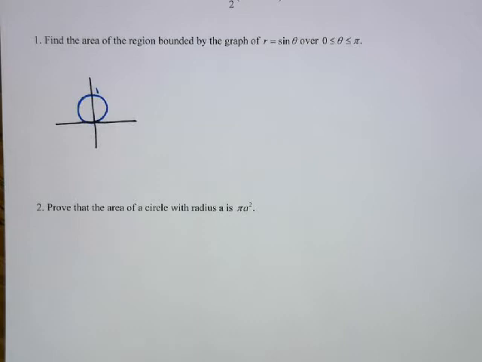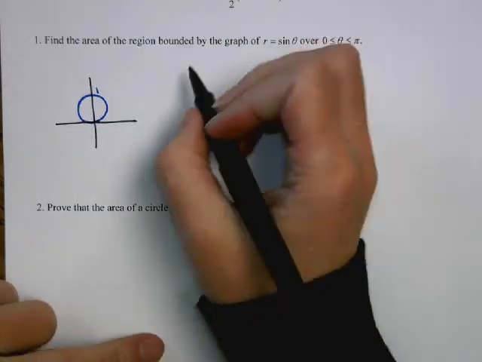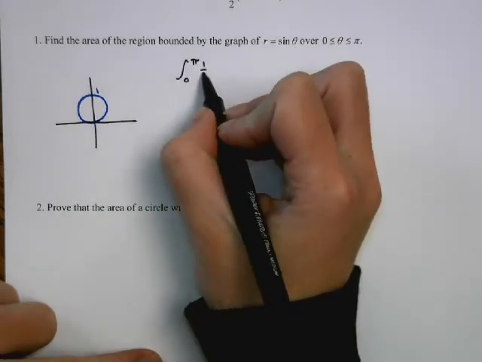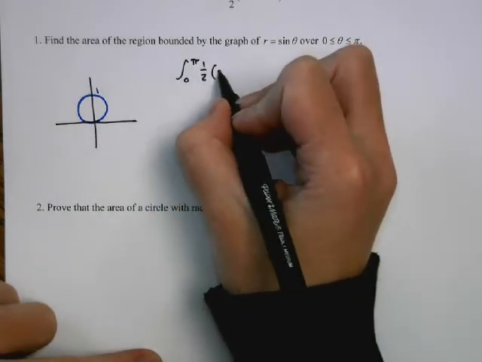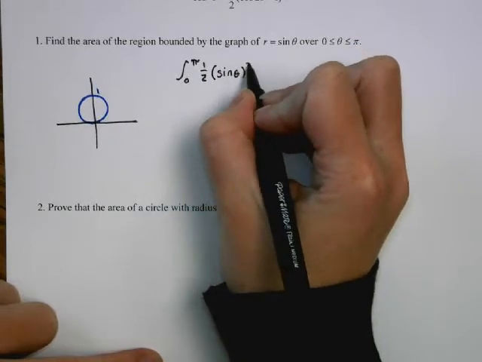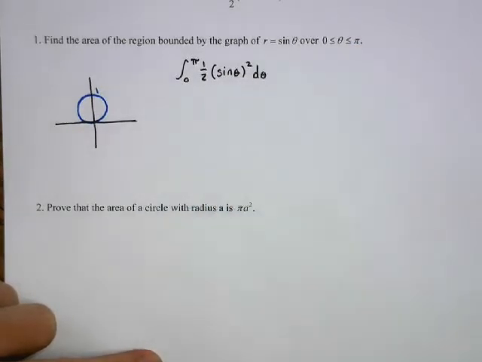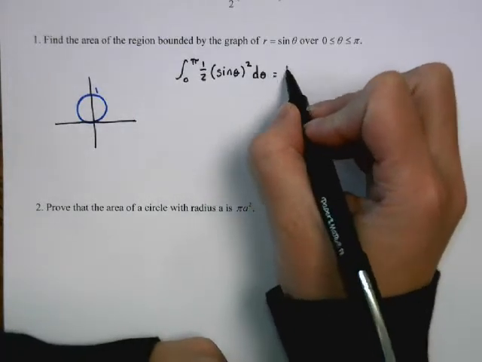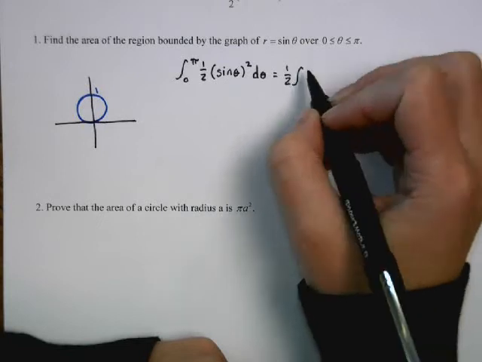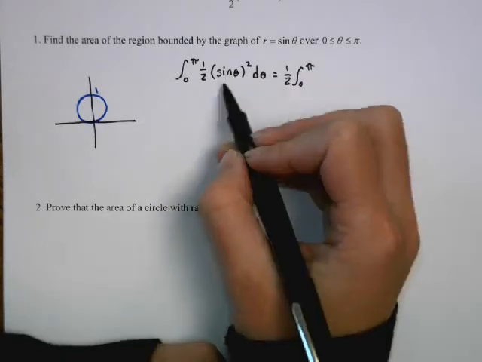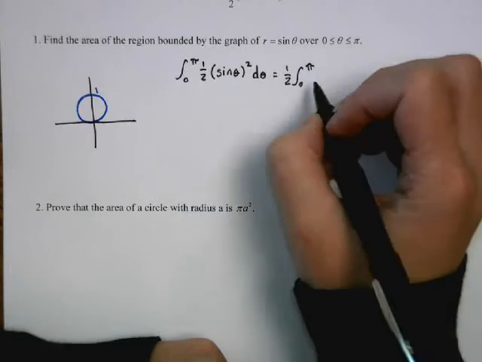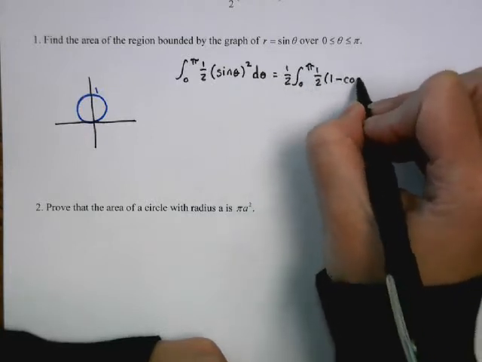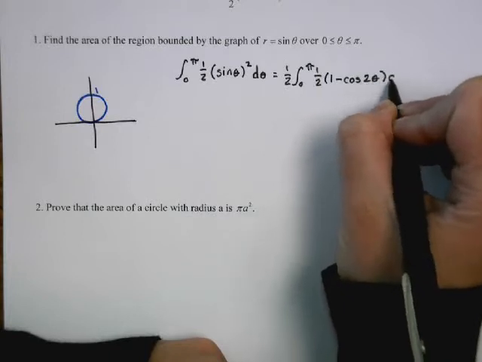So this is going to be the integral from 0 to pi of 1/2 r squared, which in this case is going to be sine of theta squared. So this is going to be 1/2 times the integral from 0 to pi. Sine squared, when we want to do that integration, we substitute that with 1/2 times 1 minus cosine 2 theta.